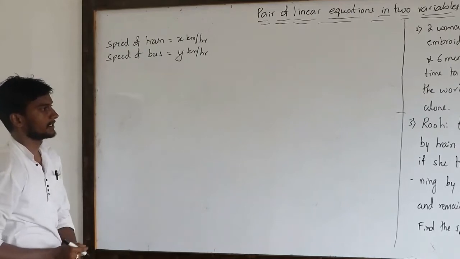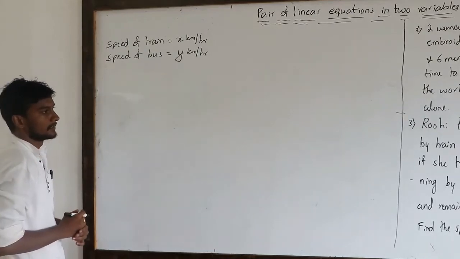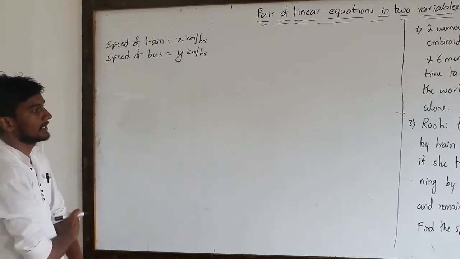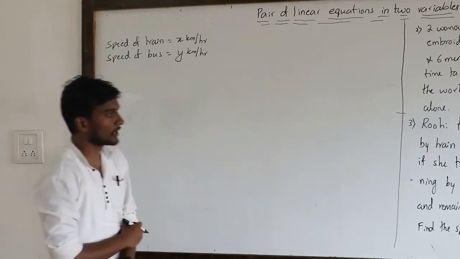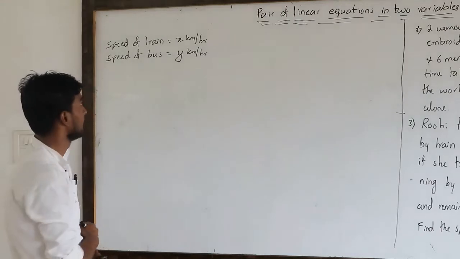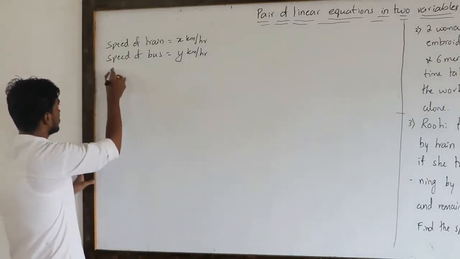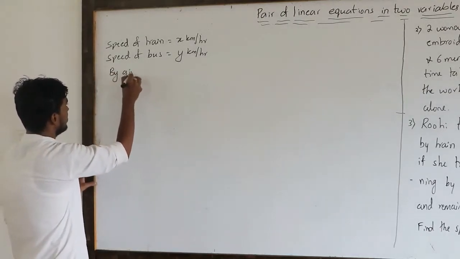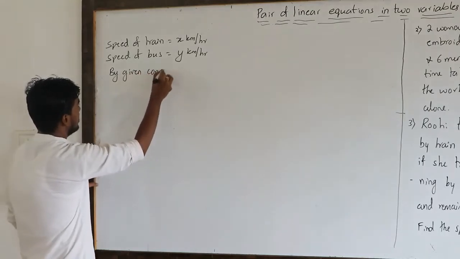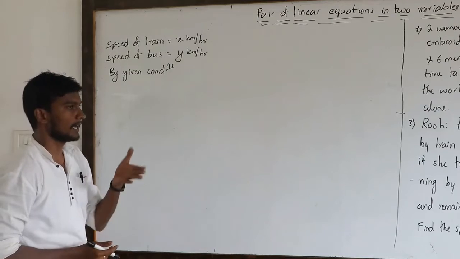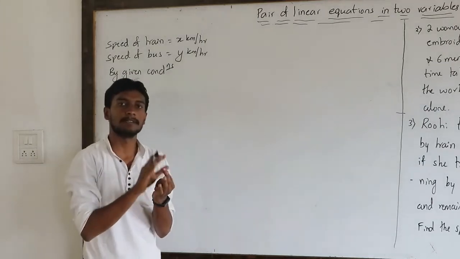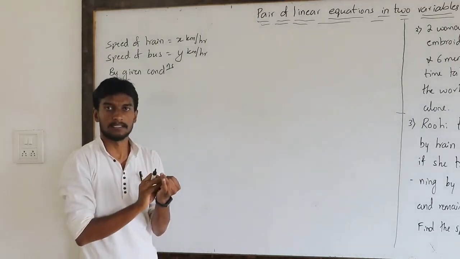Here, first condition, Ruhi can travel 300 kilometers to her home partly by train and partly by bus. So here you need to write by given conditions. So already here we know time, speed and distance.